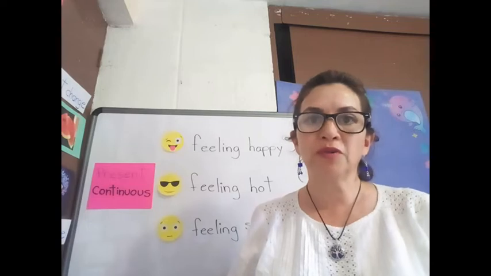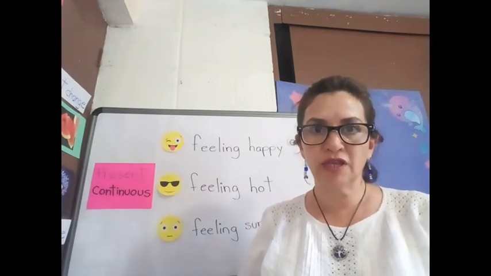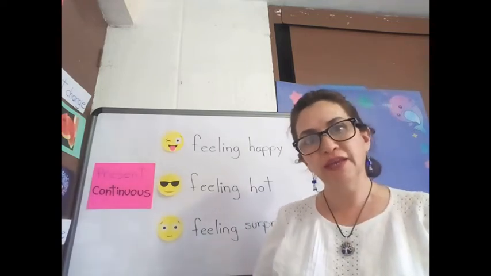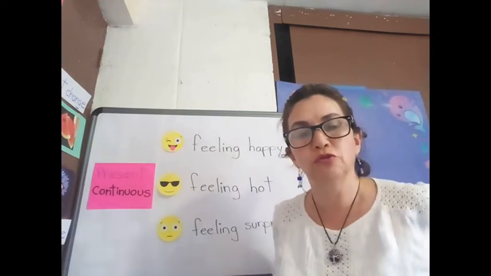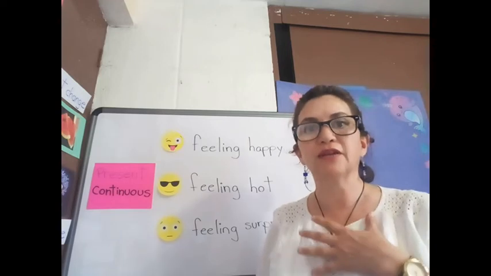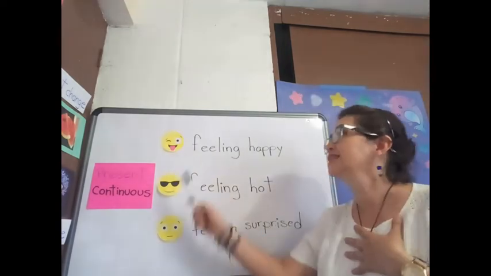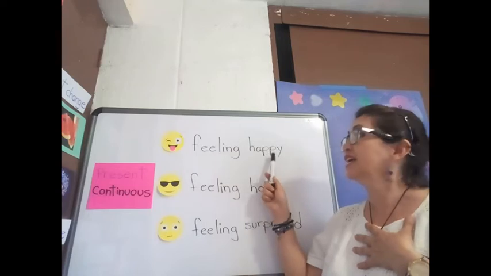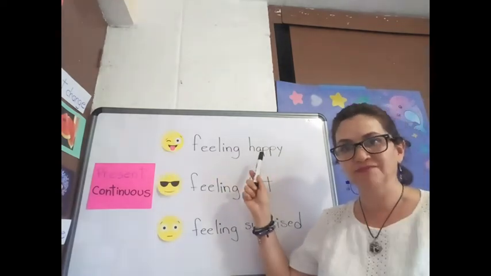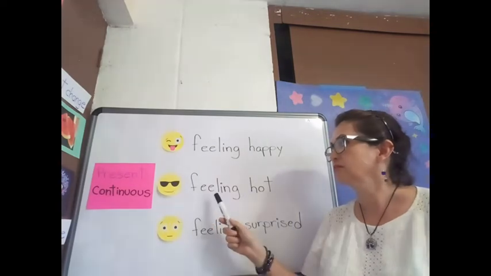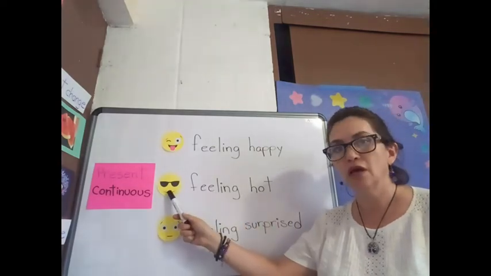Do you remember that we were talking about moods, feelings, and states? We can also use the present continuous form to talk about our feelings right now. For example, I am feeling happy right now. He is feeling happy. You are feeling hot.